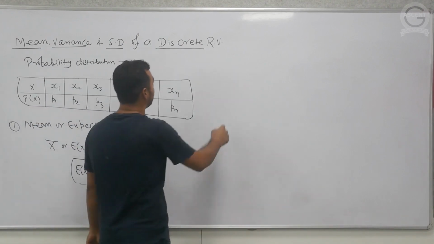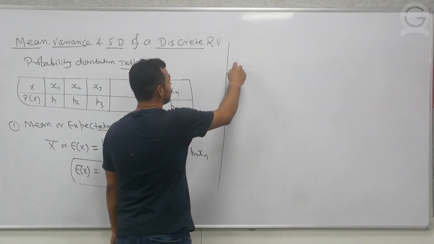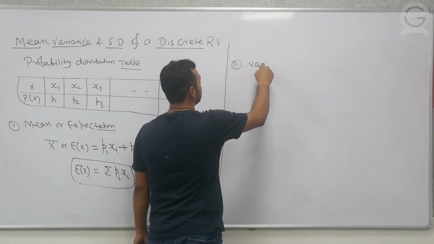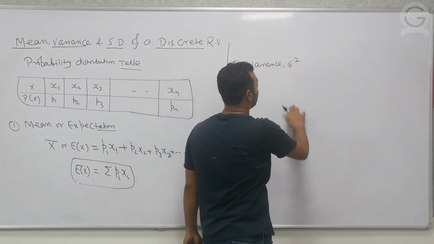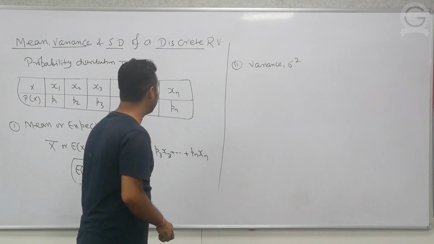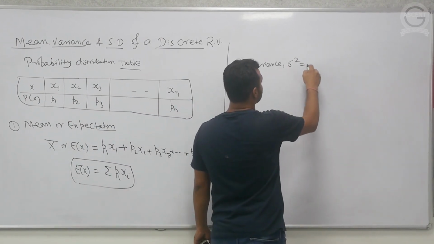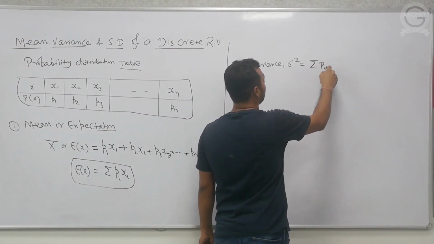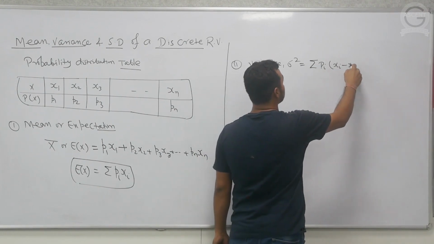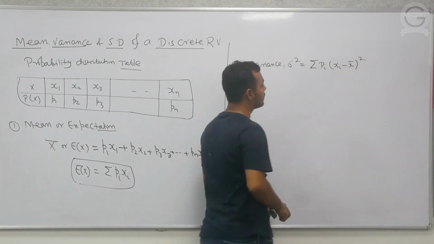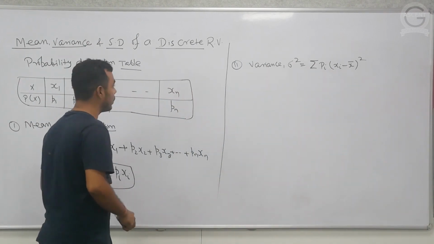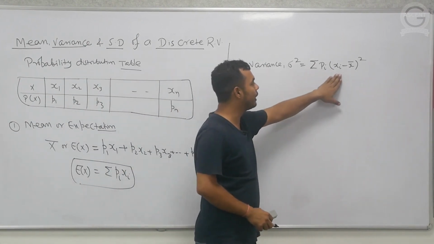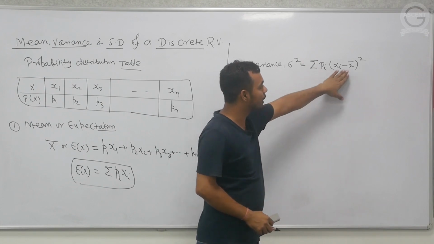Now the second thing is variance. Variance is represented by sigma square, and the formula to calculate variance is simply summation pi (xi minus x bar) square. Here x bar is the mean, so you have to subtract the mean from each of the elements, and then multiply by pi.